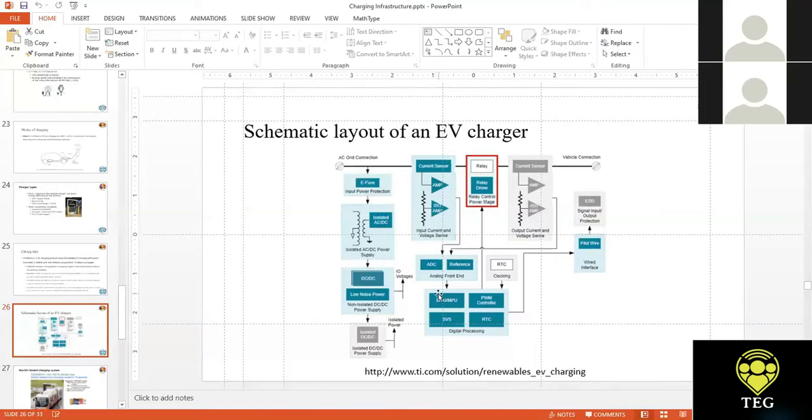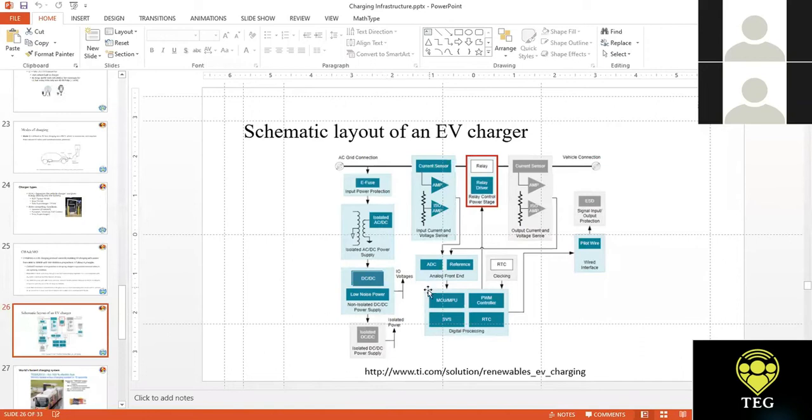So if you look here, a charger essentially is a power electronics system. If you look into every subsystem of a charger carefully, the DC-DC converter can be a buck converter, boost converter, buck-boost converter, or any other topology that you can imagine, depending on what kind of vehicle category you are going to support. Then it has a rectifier, which is an AC to DC converter.